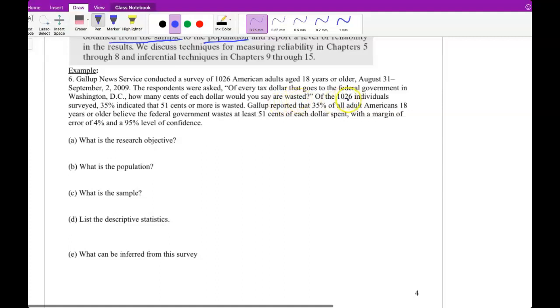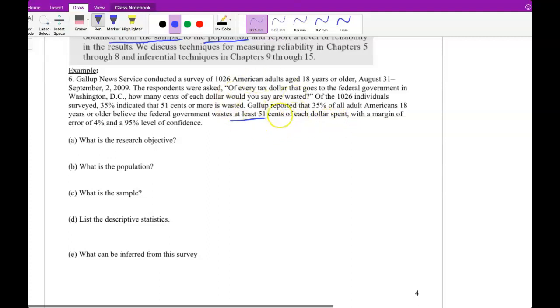Of the 1,026 individuals surveyed, 35% indicated that 51 cents or more is wasted. So they're saying that this much is wasted. And Gallup reported that 35% of all adult Americans 18 years or older believe the federal government wasted at least 51 cents of each dollar spent.